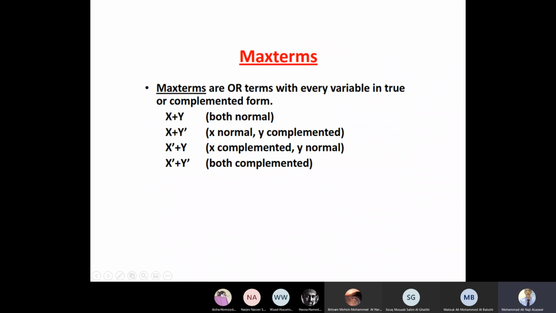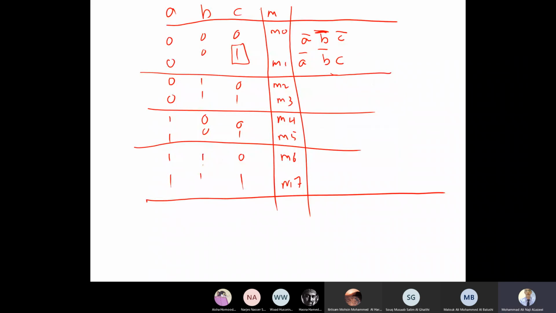All right. Let's see the max term. So now we discussed the min term, right? And remember, min term, small m. And we say product, like this: m0 is equal to a prime, b prime, c prime, etc. And now we'll talk about the max term.